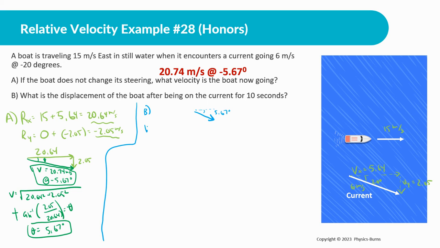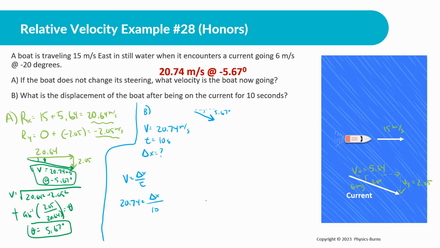So velocity is equal to 20.74 meters per second. The time is equal to 10 seconds. And we want to know how far it travels in that time. So we know velocity is equal to displacement divided by time. Now we can do 20.74 is equal to displacement, which we're looking for, divided by time, which is 10.